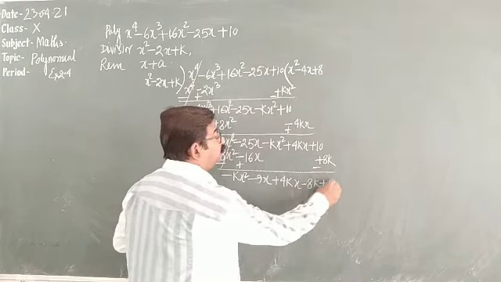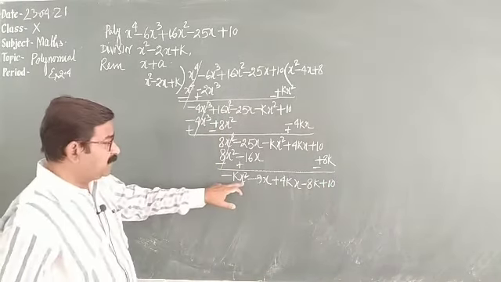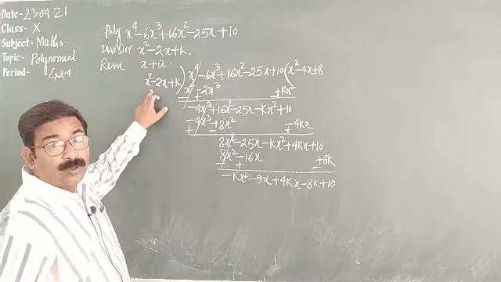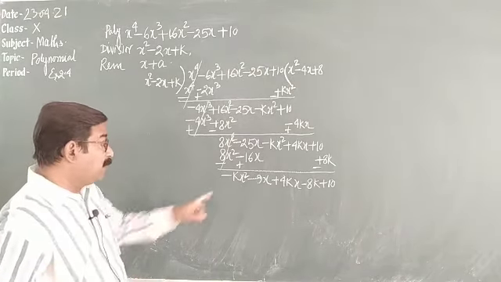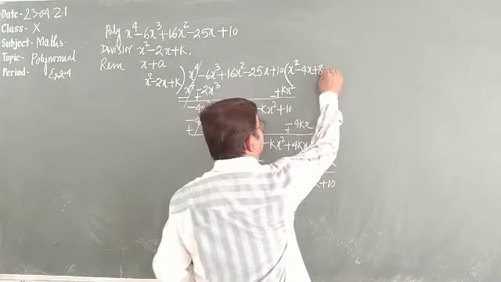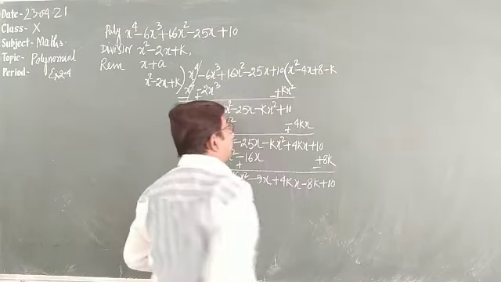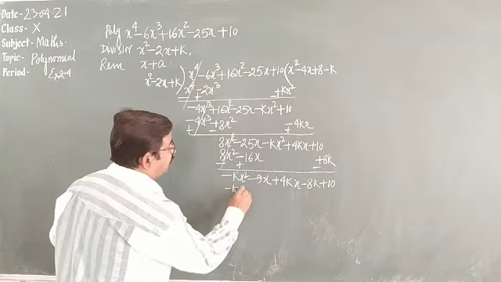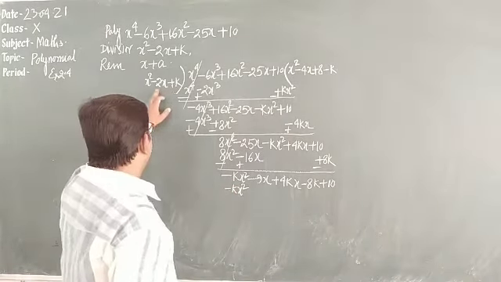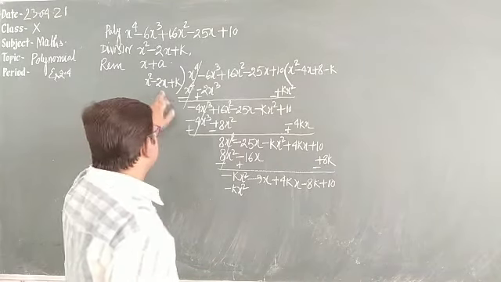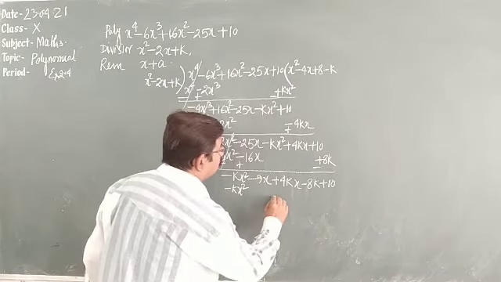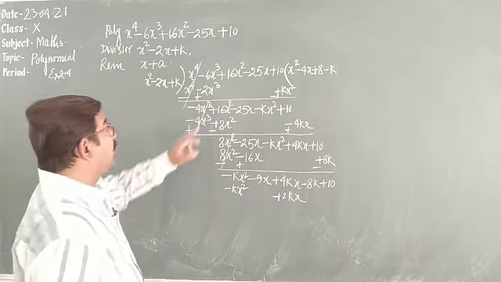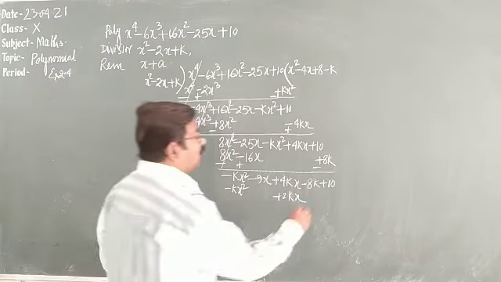Now see, the degree of remainder is now x square, that is 2, and here the degree is also 2, which means we can divide minus k times. So minus k into x square is minus kx square, minus k into minus 2x is plus 2kx, and minus k into k is minus k square.